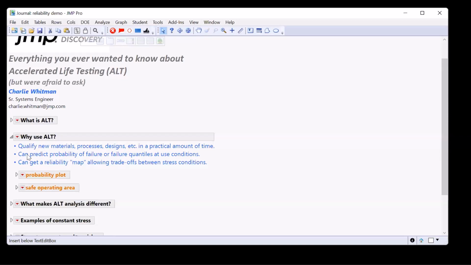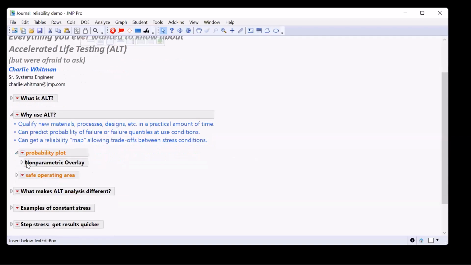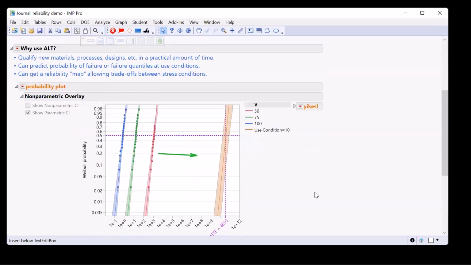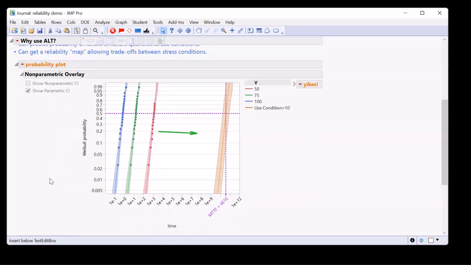So let me first show you just a probability plot. Let's imagine that we put some parts on test. Maybe these are capacitors, and we run them at different voltages, say 50, 75, and 100 volts. And we have these fail according to a Weibull distribution. Here we have Weibull probability versus time.